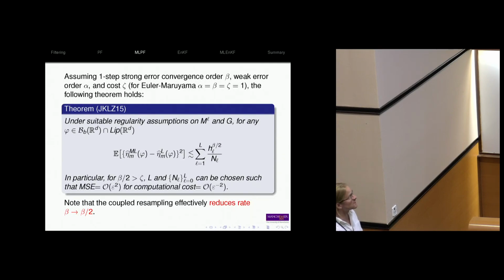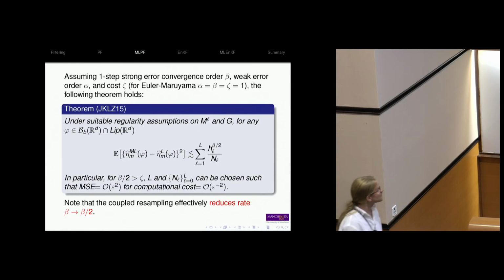And of course, there's an additional term, which is the difference between this and the infinite resolution quantity. And in fact, if beta divided by 2 is bigger than zeta, then we can choose L and the n L's so that we get a mean square error epsilon squared for computational cost epsilon to the minus 2.